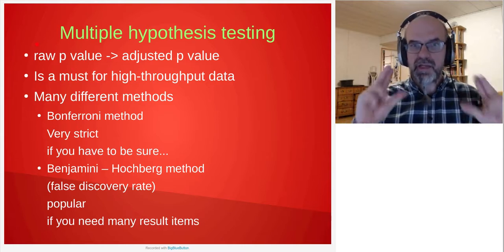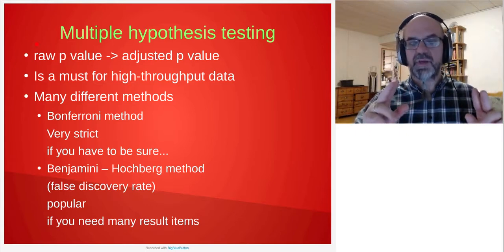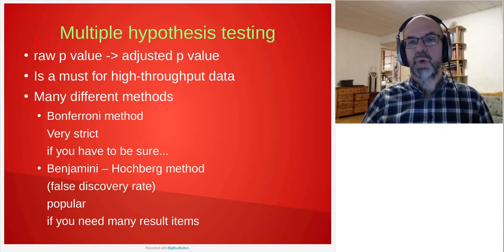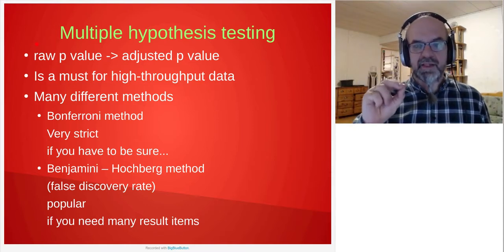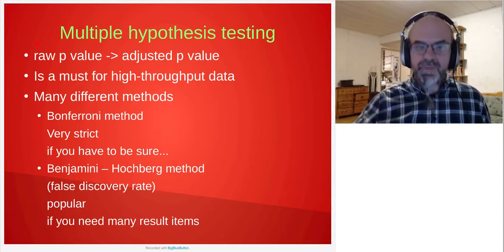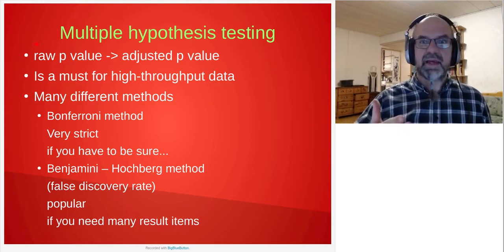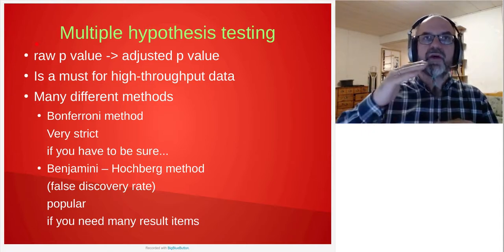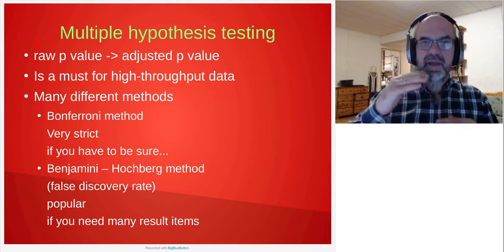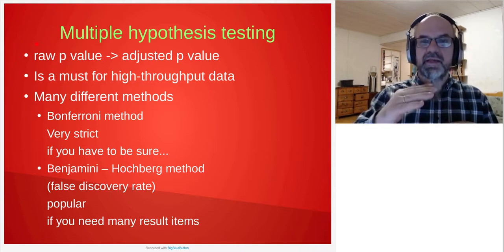So the individual hypothesis tests, in this case the individual hypergeometric tests, give you a raw p-value which is true and valid for that individual test. But if you perform too many, in principle more than 10 or 20 hypothesis tests in parallel, the probability of making an error and including terms incorrectly in your result list is adding together.